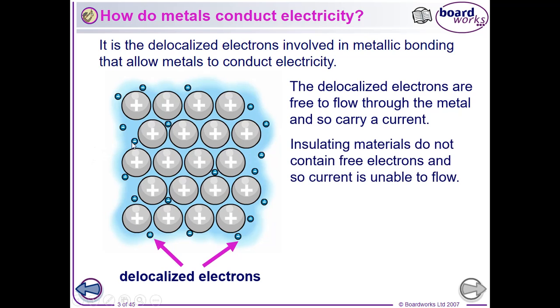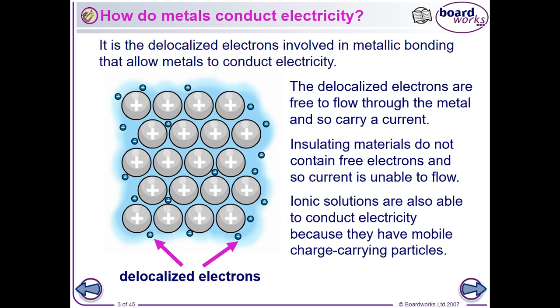So the electron moving can carry current because each electron has charge. Remember, charge moving per second is equal to current. Insulating materials don't have free electrons, so current cannot flow.